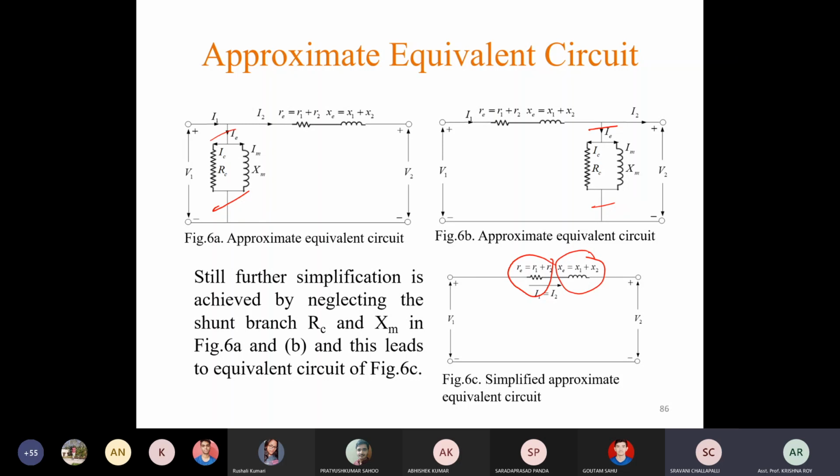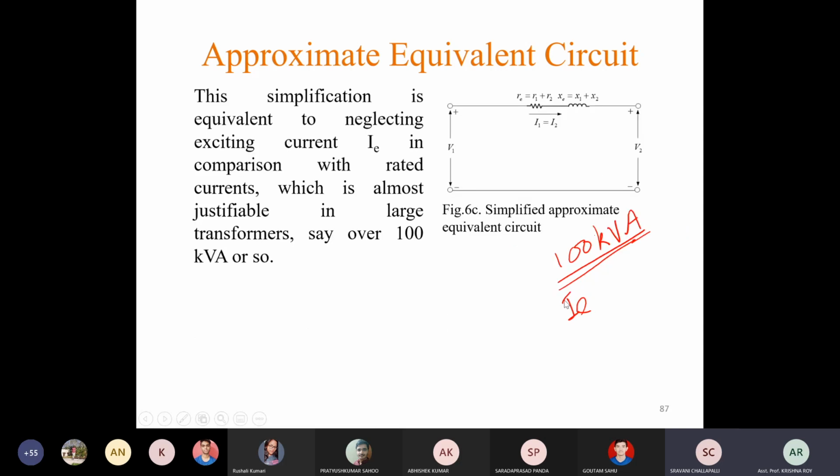So those circuits can be applied for transformers with power rating less than 100 kVA, and this approximation can be used for transformers having power rating greater than 100 kVA.